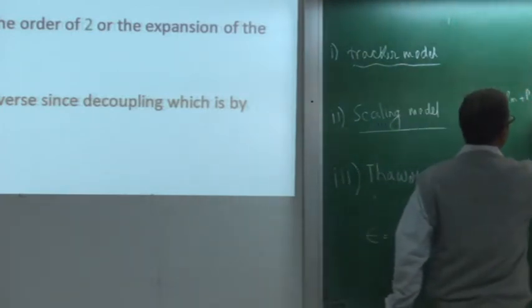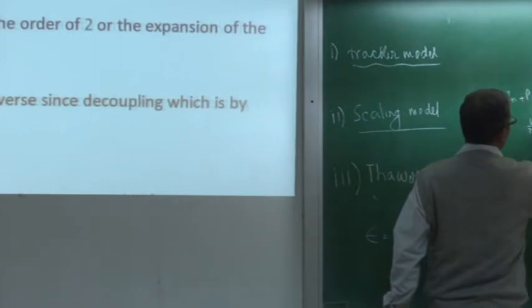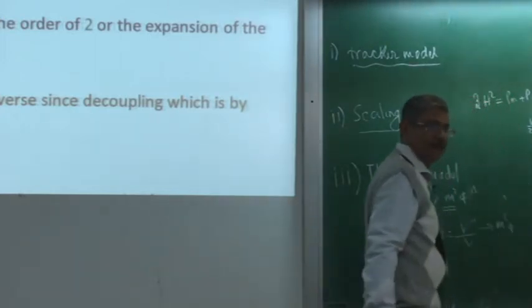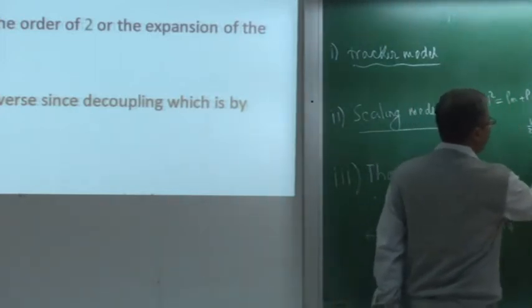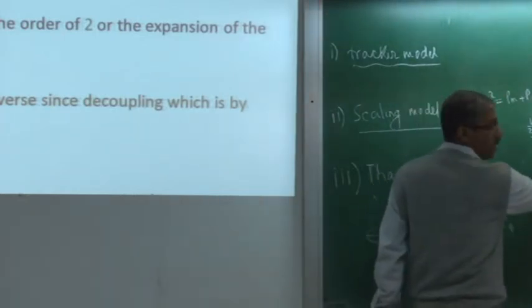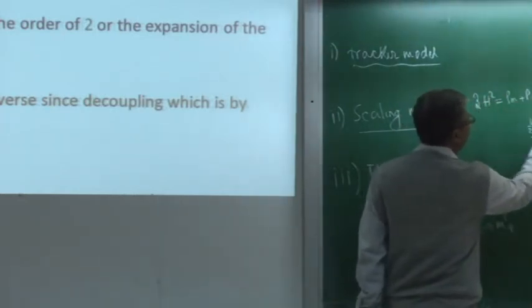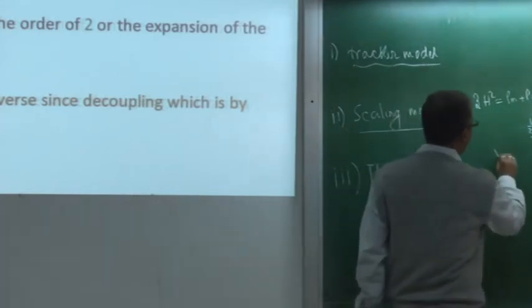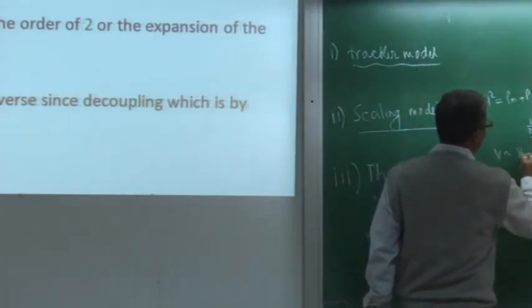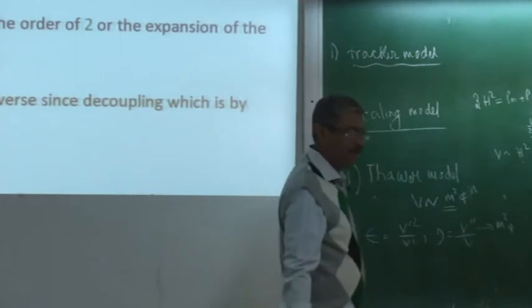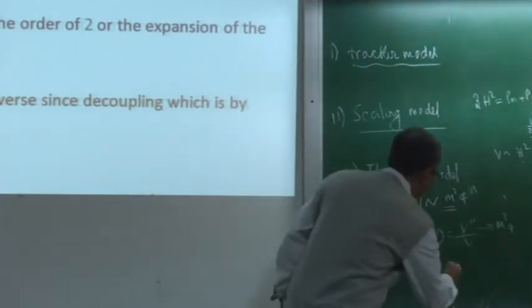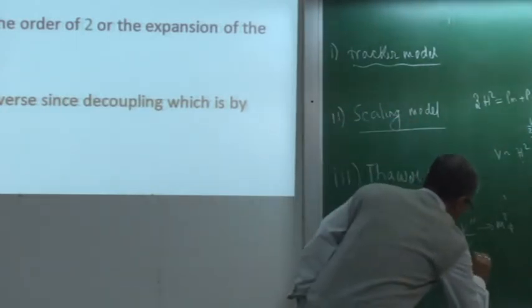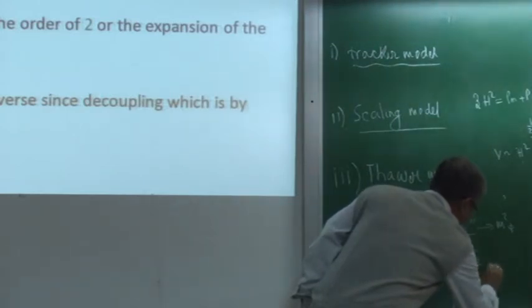This rho phi is phi dot square plus V. If you have a slow-roll condition, I can ignore this term, so it is just V. And these are of the same order, so your V is actually of the order of H square. Fine. Okay. So if you put that over here, this eta is roughly m square by H square.